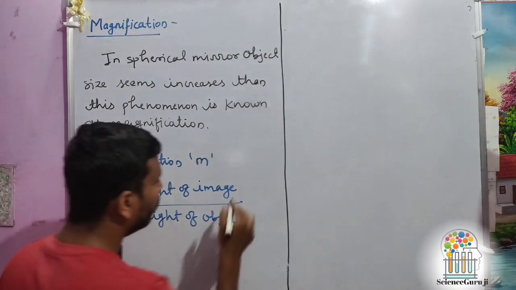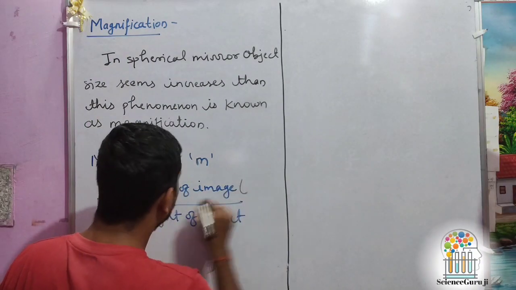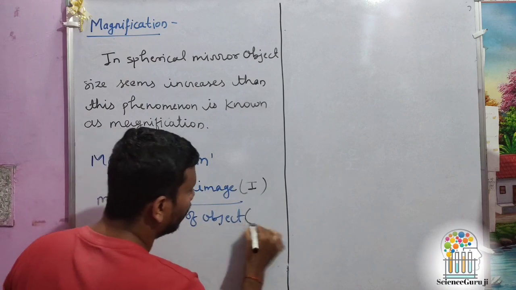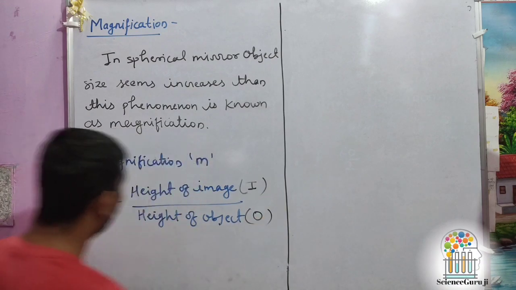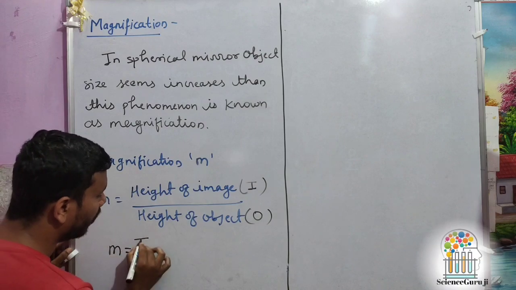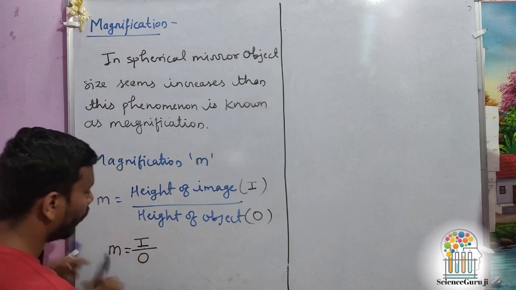We can also write this as small m is equal to capital I upon capital O, where I is the image height and O is the object height.